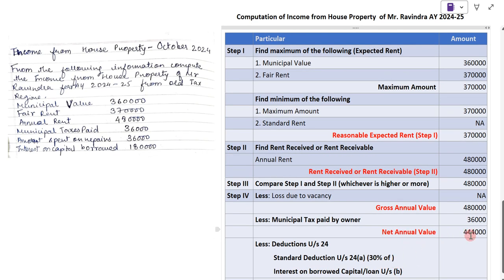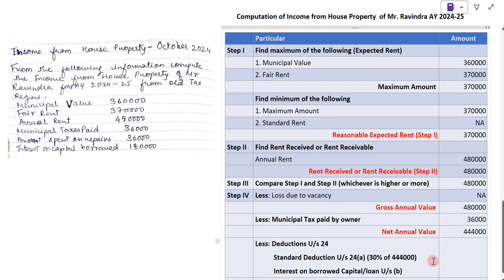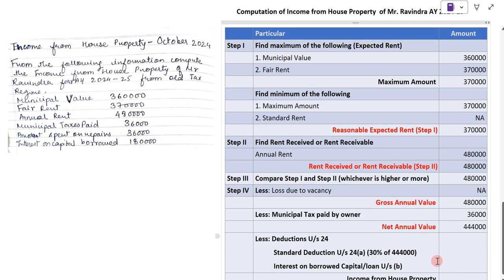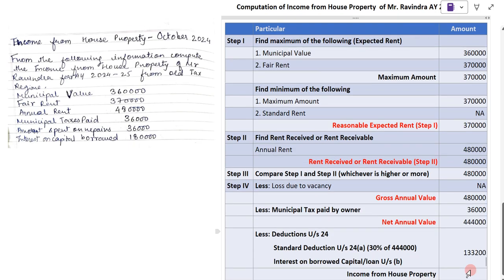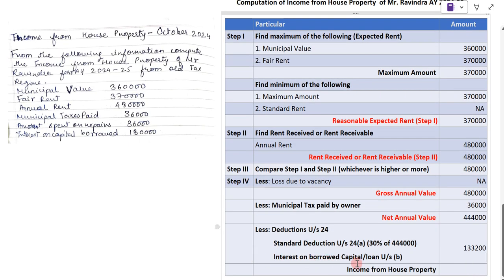How much is the net annual value? 4,44,000. So 30% of net annual value, we get 1,33,200.